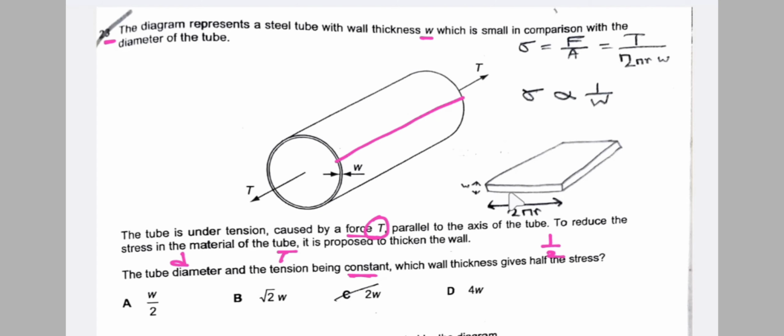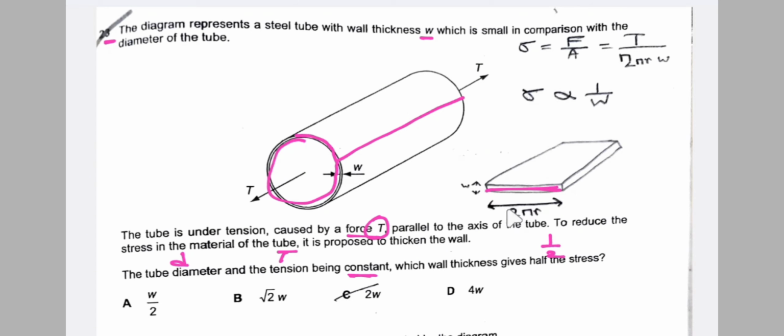The length of the tube is equal to the circumference of the circular cross-section, which is 2 pi r. So this length is 2 pi r.